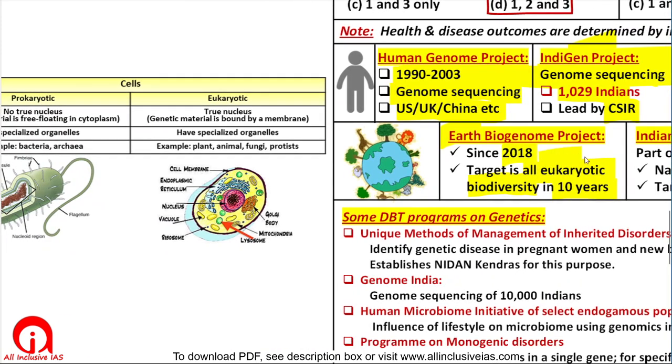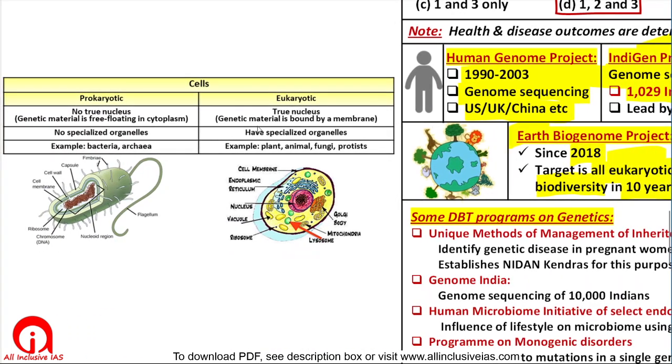What do you mean by eukaryotic diversity? Eukaryotic organisms are those whose cells have specialized organelles and a true nucleus. In the cell there is a nucleus, vacuole, ribosome, lysosome, mitochondria. These are specialized organelles, and there is a specific nucleus.